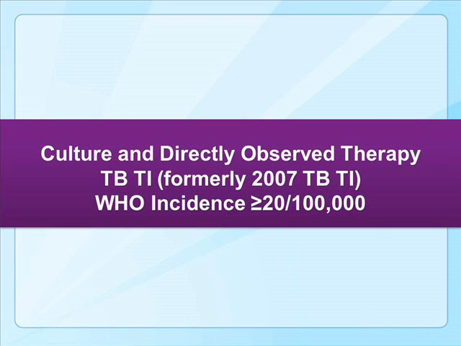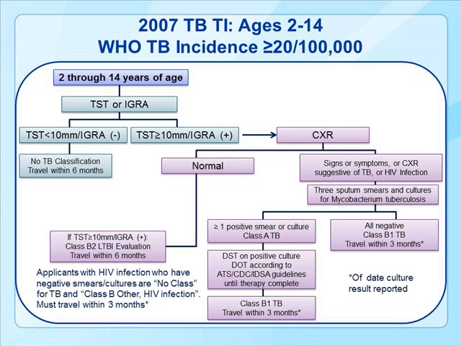So let's take a look at this, kind of a bit of a summary of what I've already said, so that it's very clear what we're talking about. In WHO TB incidence countries of greater than or equal to 20 per 100,000, those patients 2 to 14 years of age would have now a skin test or an interferon gamma release assay.